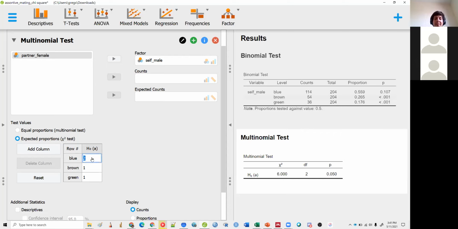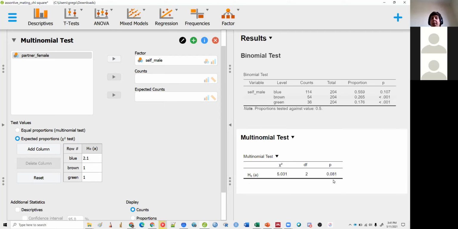But let's make this a little bit more obvious by changing the expected proportion of blue eyes to 2.1. And if we do that, the chi-square test statistic shrinks even further. So when it was exactly 2, it was 6, and when we increase the expected proportion of blue to 2.1, it shrinks to 5.03.